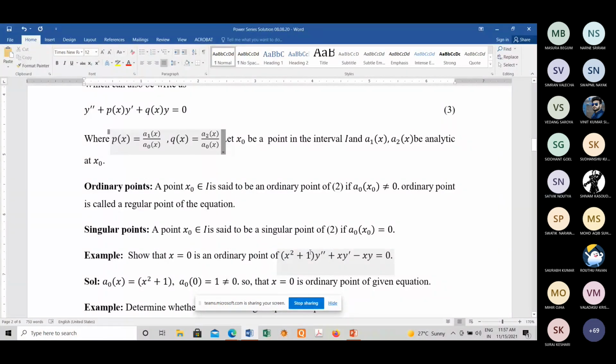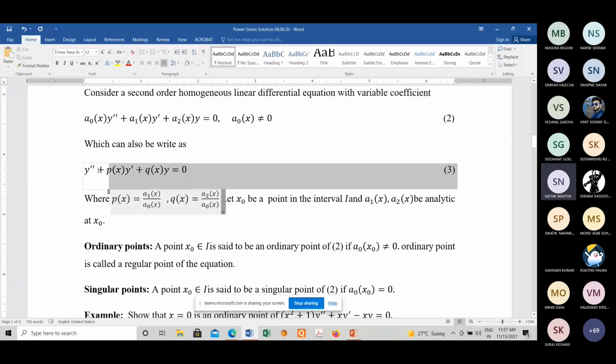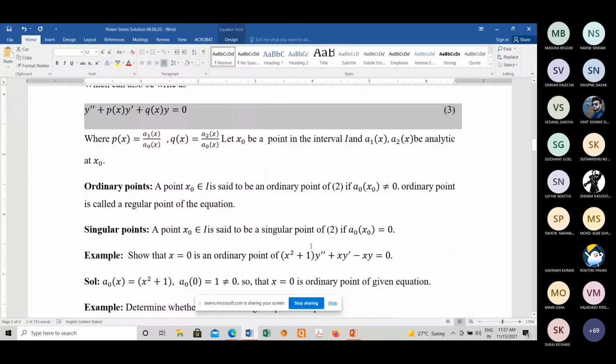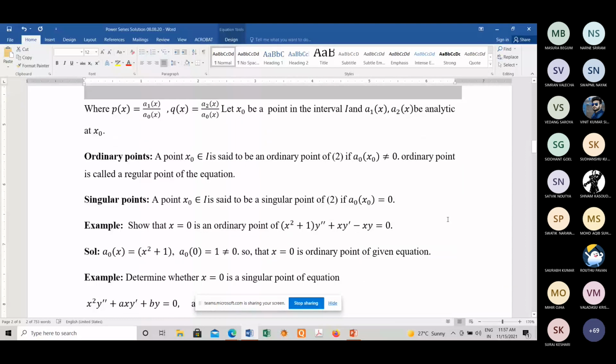Because you may compare this with the standard equation, the coefficient of y double dash should be 1. So we have to divide the whole equation by x square plus 1. So p x is x divided by x square plus 1, and q x is minus x by x square plus 1.